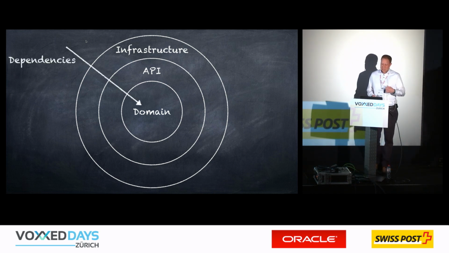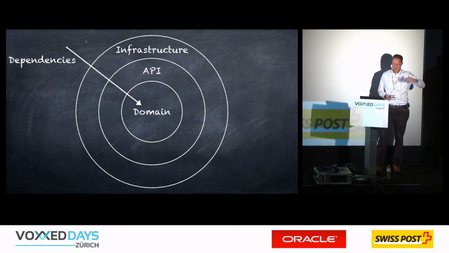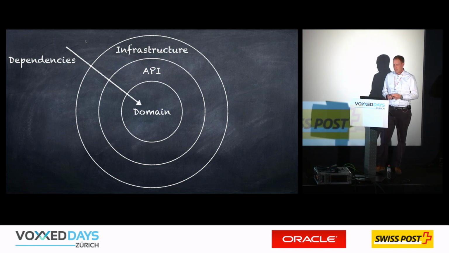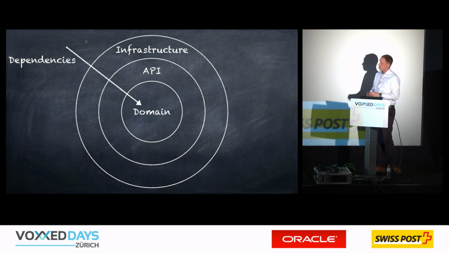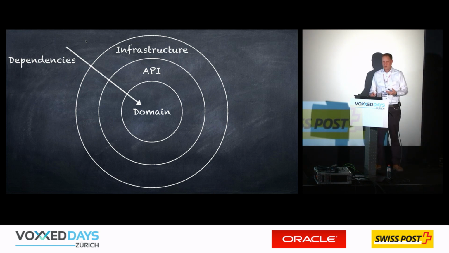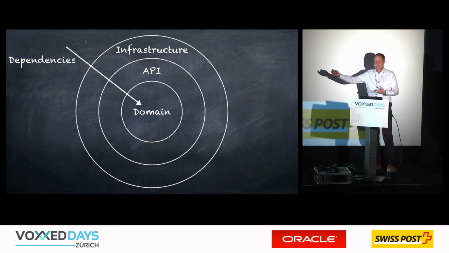And what's special, and that's why they say it's an inversion of dependencies, the dependencies come from the outside to the center, and that's the way we can protect the domain. So the domain has dependencies on no layer from the outside. So the developer is not even able to, for example, access a REST controller from the domain layer.